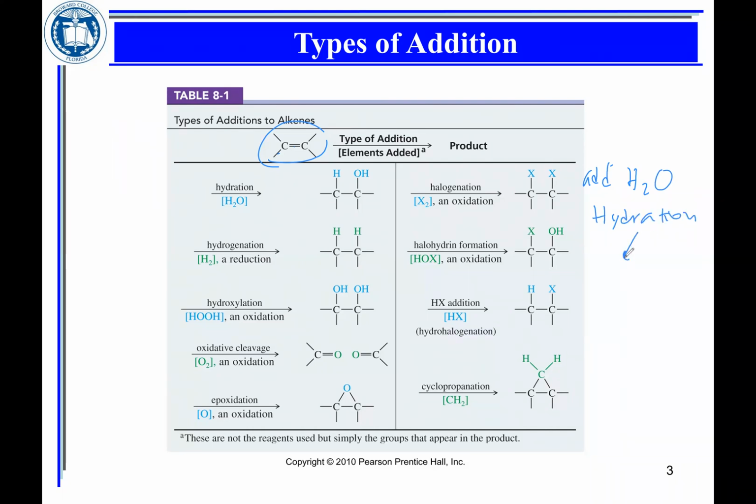What is happening in hydration is that you're adding H plus and you're adding OH minus. So you're not adding 2 hydrogens to one carbon and then oxygen to the other carbon. In hydration, you're adding H to one carbon and OH to the other carbon. Since you're adding OH to the other carbon, your product is going to be an alcohol.